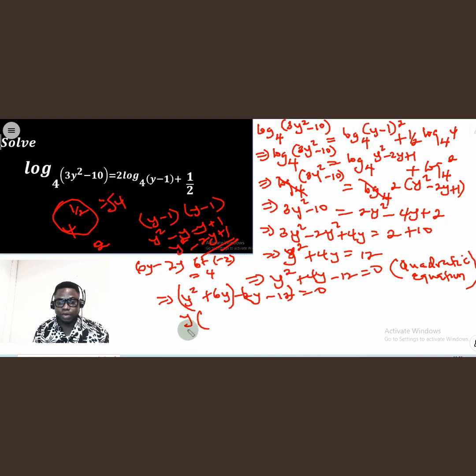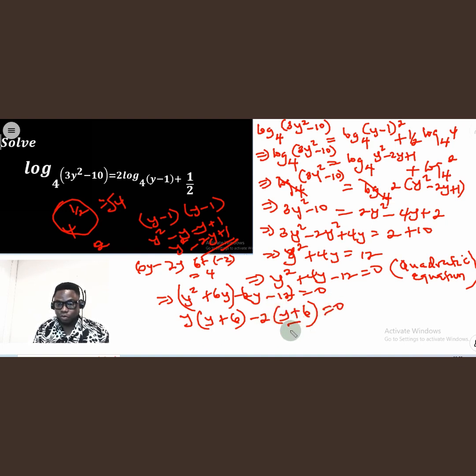So bringing out y, I'm going to have y here, because y times y is y squared, plus 6, bracket close. Then I'll factorize minus 2y and minus 12. Bringing out minus 2 as a common factor, I'm going to have y here, then plus 6. You know why? Because minus times plus is minus. 2 times 6 is 12. All is equal to 0.